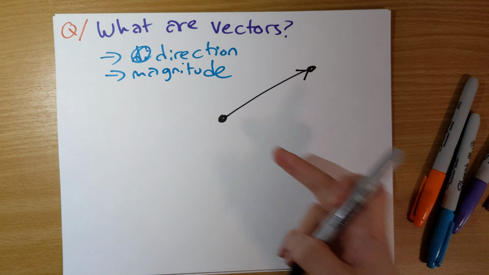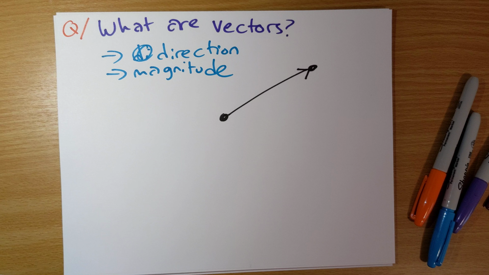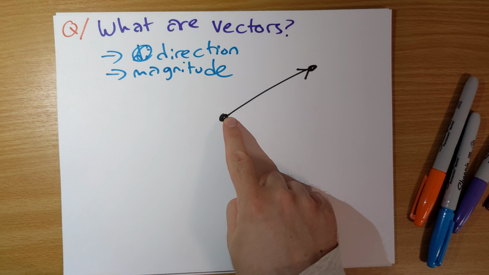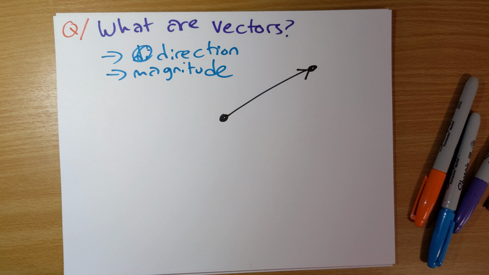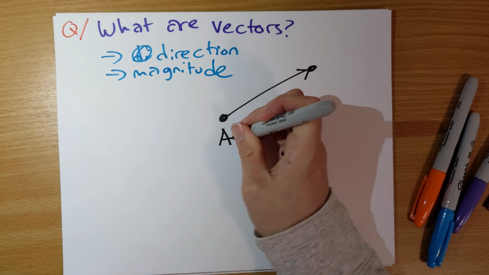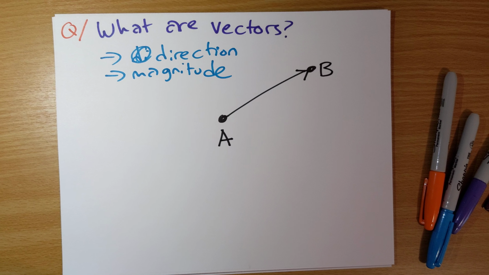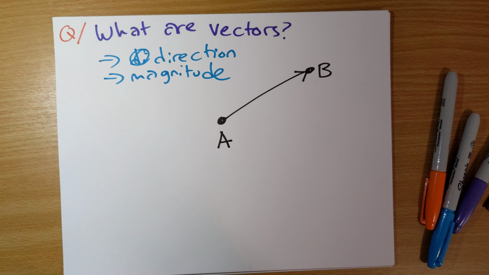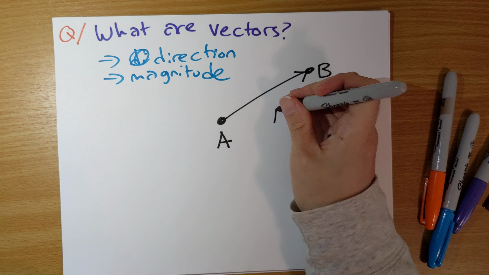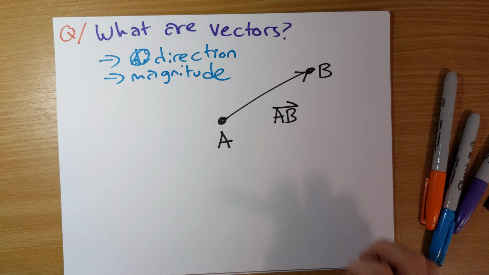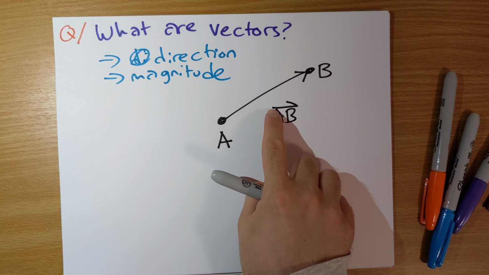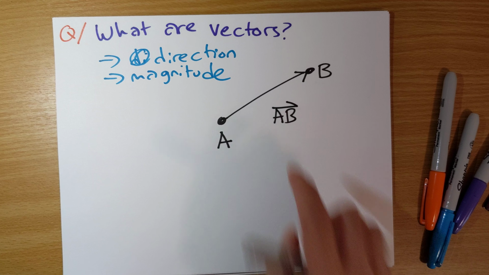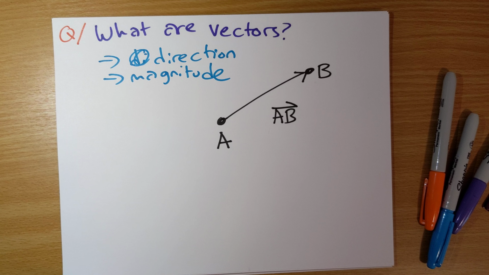So a vector, we graphically represent by an arrow pointing from one point to another point. We might call this point A our initial point, this point B here our terminal point, and this would be the vector AB. I'm putting a little arrow with half an arrowhead over top of that to represent this vector here.